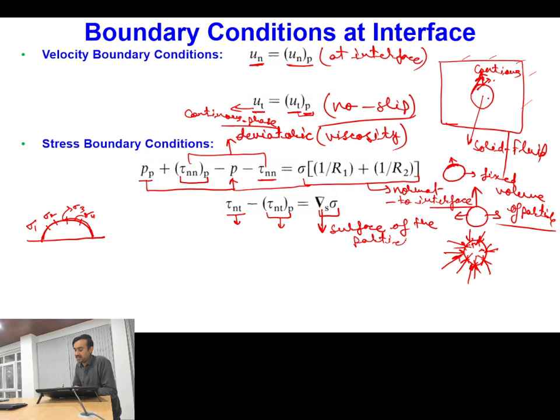So it means it is only acting at the interface. For all scenarios, basically what happens, a small amount of contamination of the interface leads to different values of surface tension at different portions. So if dust particles or any other thing gets collected at the interface, that actually modifies the surface tension force.